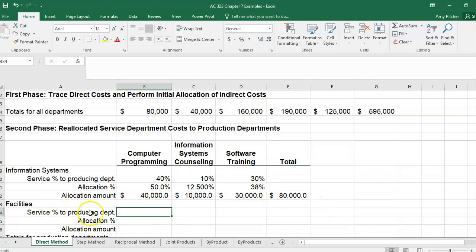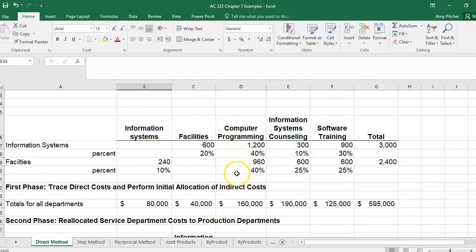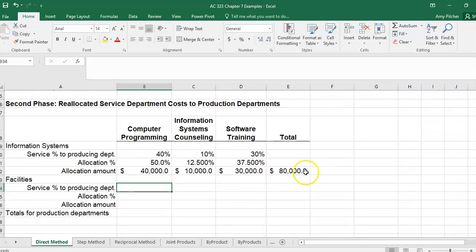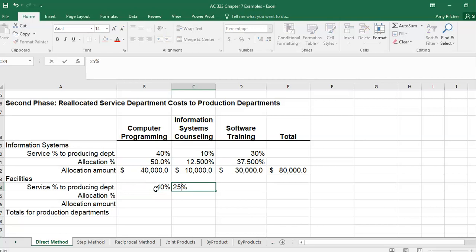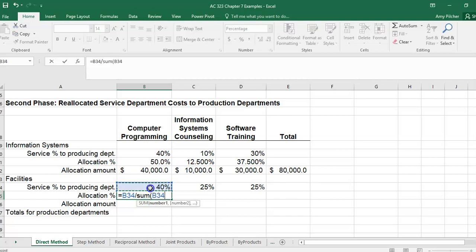So for our facilities, we have usage of 40%, 25%, and 25%. For allocation percentage amount, we do the same. We take our 40% divided by the sum of all three departments.